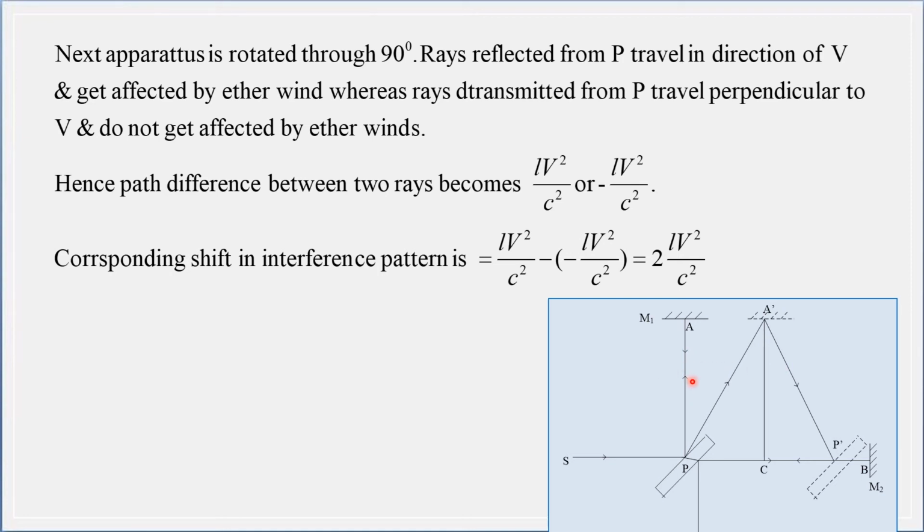Next, the apparatus is rotated by 90 degrees. So S comes on the top, M1 comes to the right.